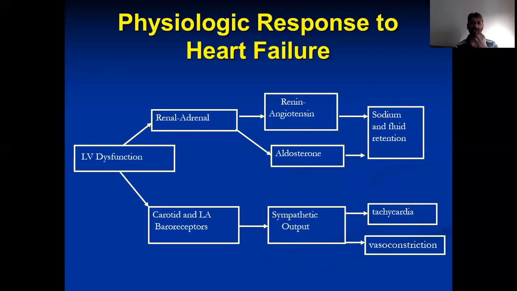That's very important to understand: initially, when you have mildly reduced EF, the patient is asymptomatic, but his myocardium has started compromising. Initially, he has no symptoms because of this compensatory mechanism. But later on, these compensatory mechanisms overshoot or go beyond a certain limit and lead to symptoms.